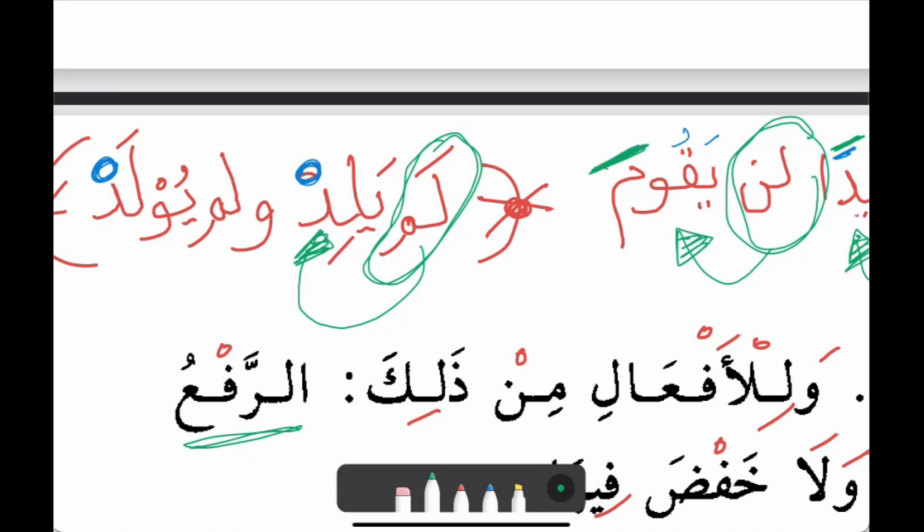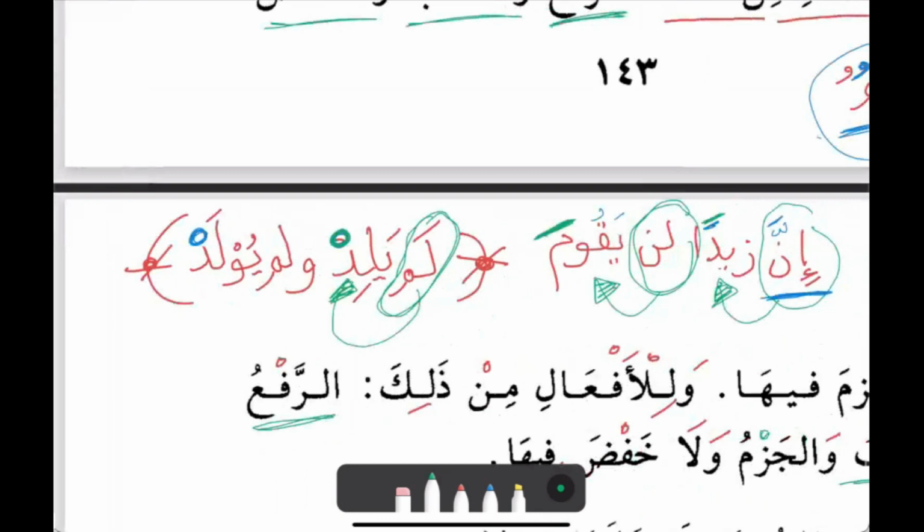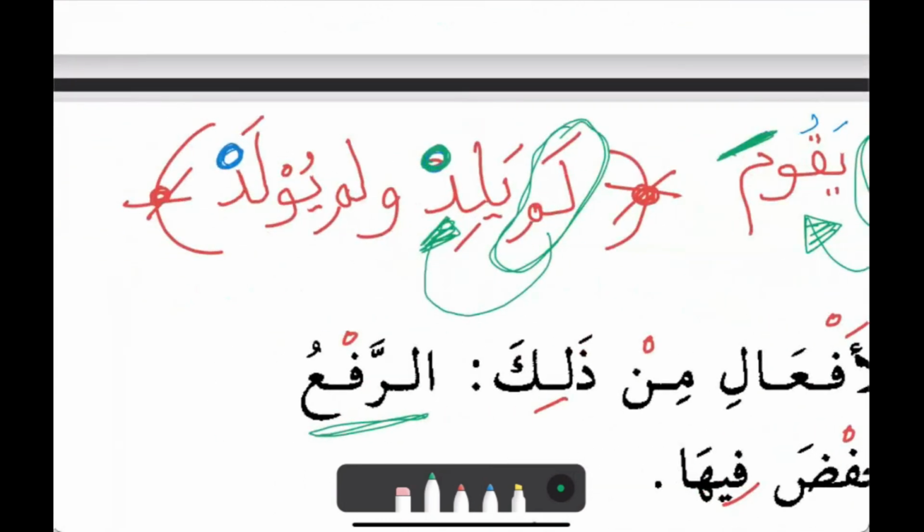Wa alamatu jazmi, and its sign of jazm is sukoon. Jazm means in Arabic qata', cutting or severing. And then same thing, walam yulad.